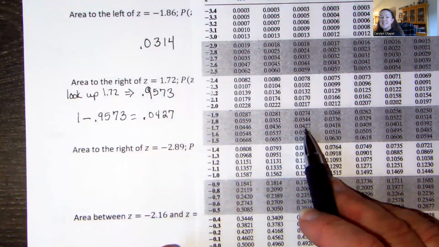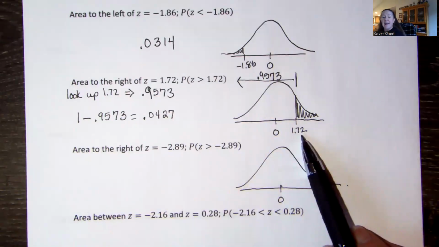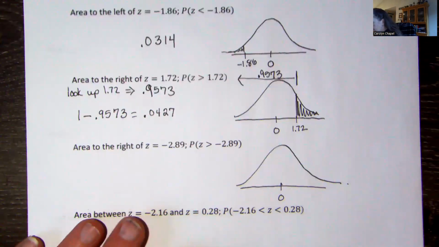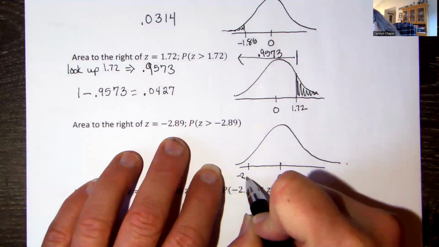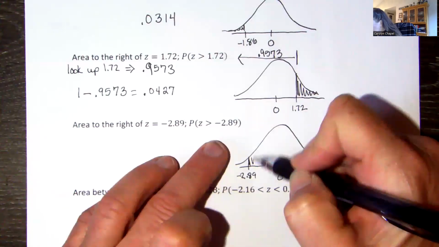I tend not to do that too often because I like to work with the number that I have and use the idea of the 1 minus because it is not an idea that's new. We've seen it in the past when we're looking for like one piece, but we knew all the rest. So, all right, but here we got negative 2.89, and going to the right, or we're looking for bigger.